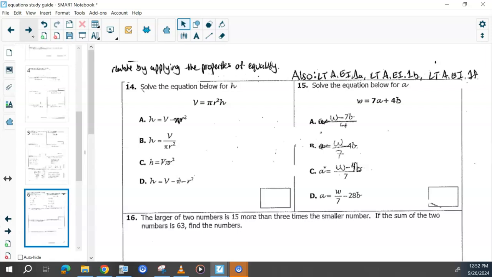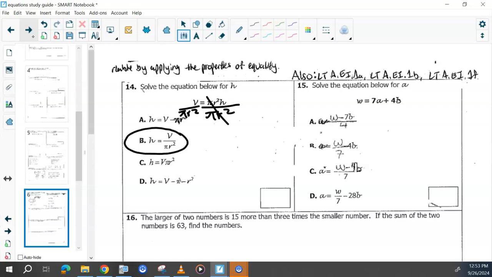We have V equals pi r squared h. Everything here is multiplying. To get h by itself, we would divide everything at the same time on both sides. Make sure you are doing things to both sides. Our properties of equality, we have to do it to both sides. So those cancel, leaving h. We would rewrite it.